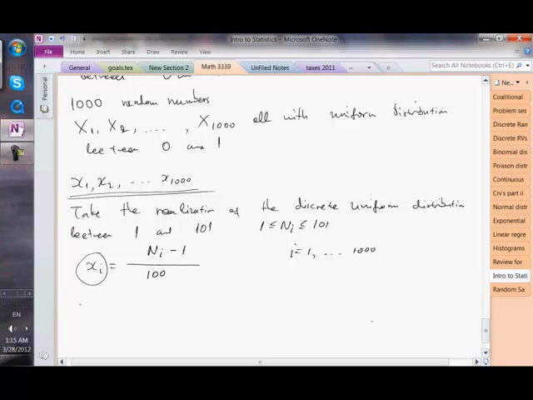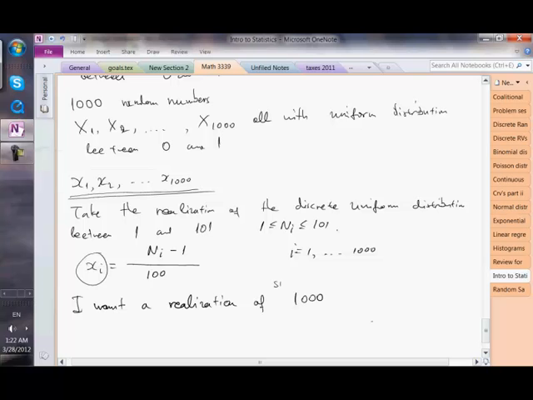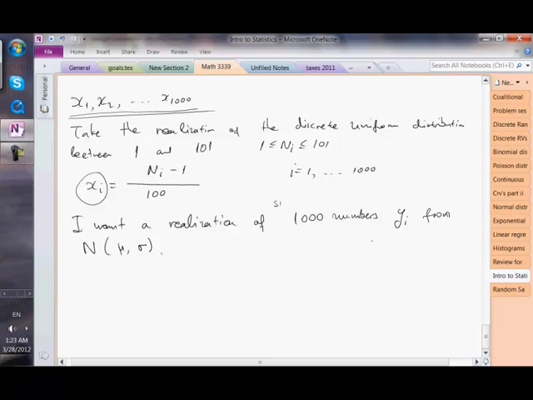So suppose now that I want a realization of 1000 numbers, let's call them y sub I, from the normal distribution with parameters mu and sigma, or with some other distribution.